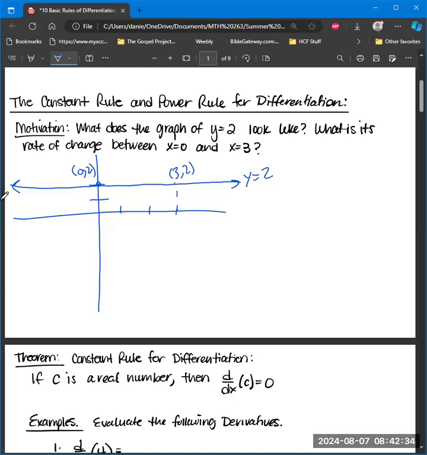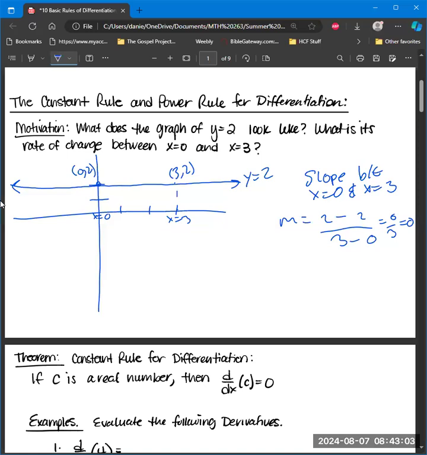The slope between x equals 0 and x equals 3 we can find by saying m equals y2 minus y1 over x2 minus x1. 0 over 3 is 0.